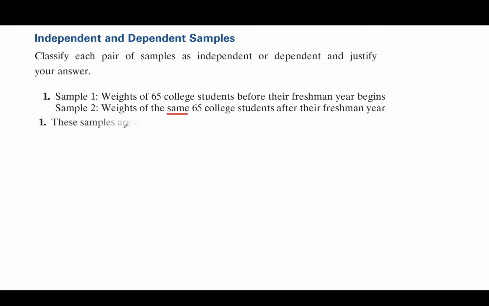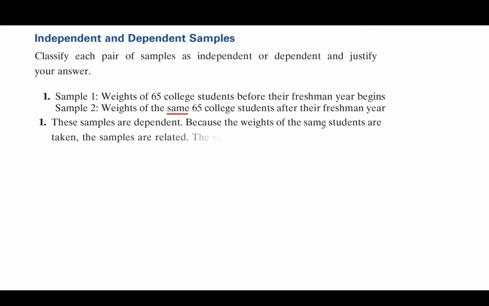In that case, these samples are dependent. Why is that? Because the weights of the same students are measured before and after their freshman year, and they are related. These are the same set of students. The samples can be paired with respect to each student.